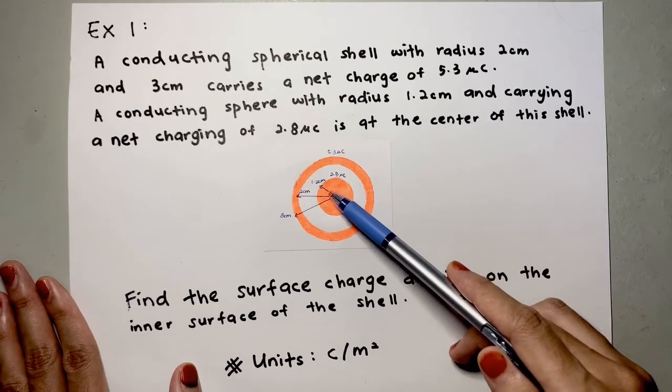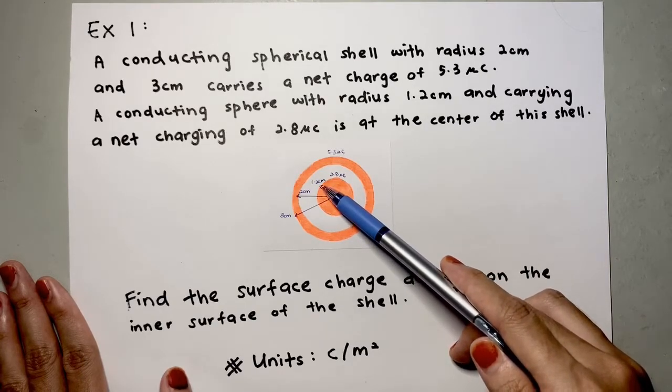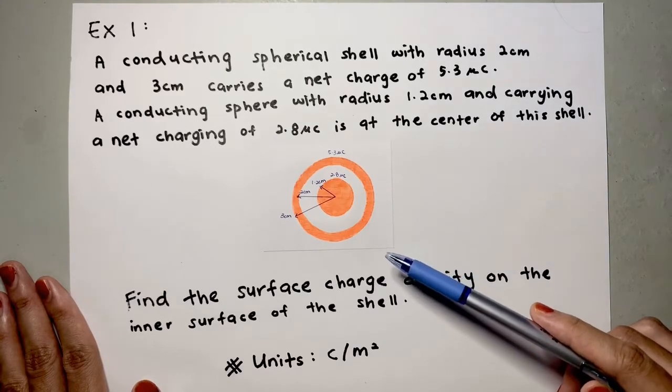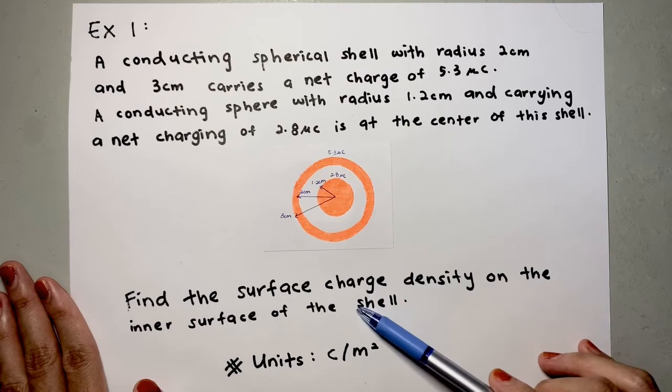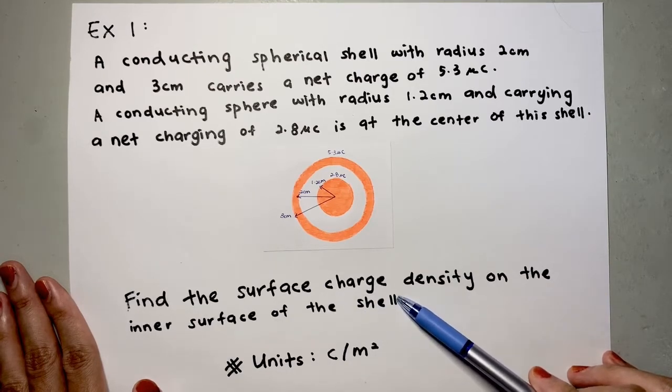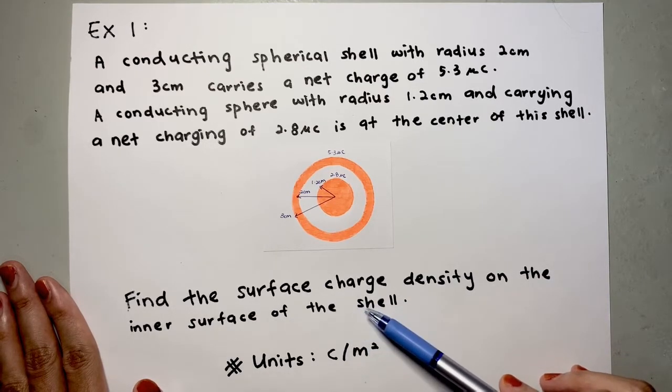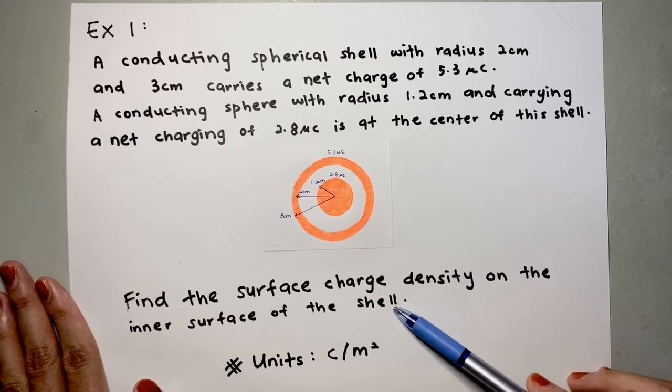The question is to find the surface charge density on the inner surface of the shell. The answer must be in coulomb per meter squared.